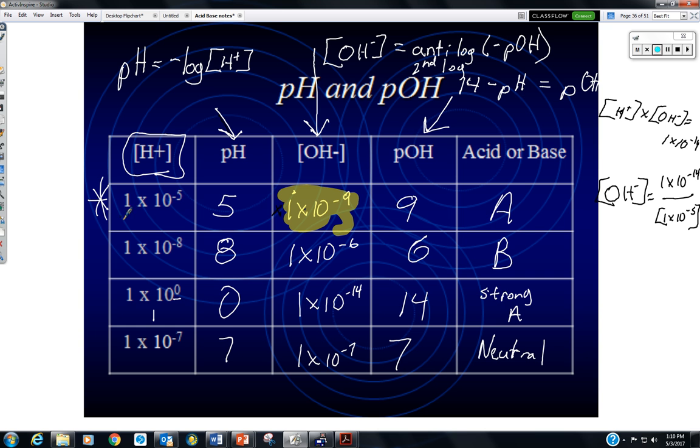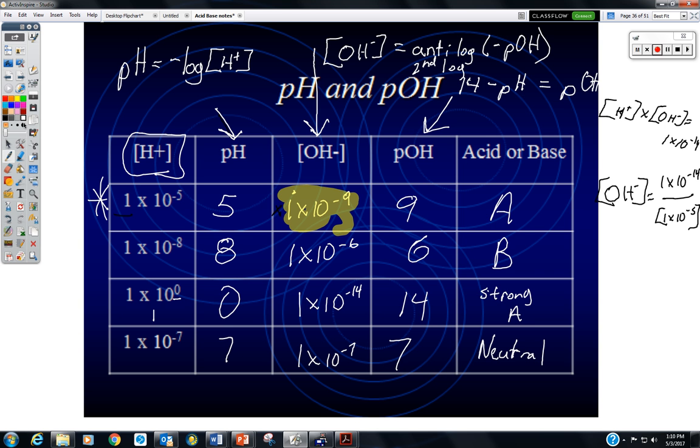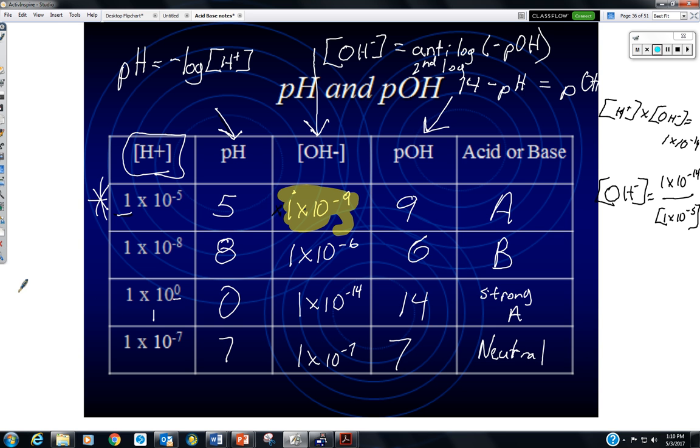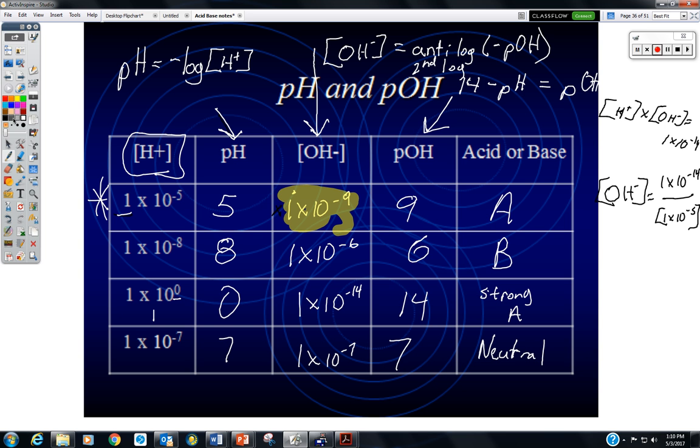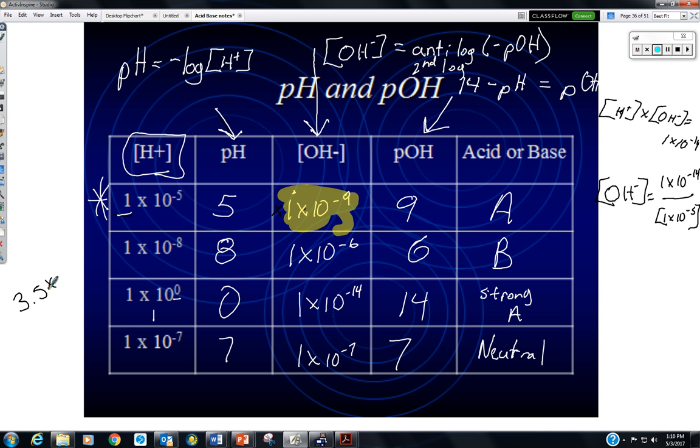And I do promise you that they get more difficult than this, because you will end up with concentrations like, say, 3.5 times 10 to the negative 9. It's not going to be your expected pH, like we can just predict it based off of that 1. So we're going to see it with some different numbers and some different concentrations as we go through.